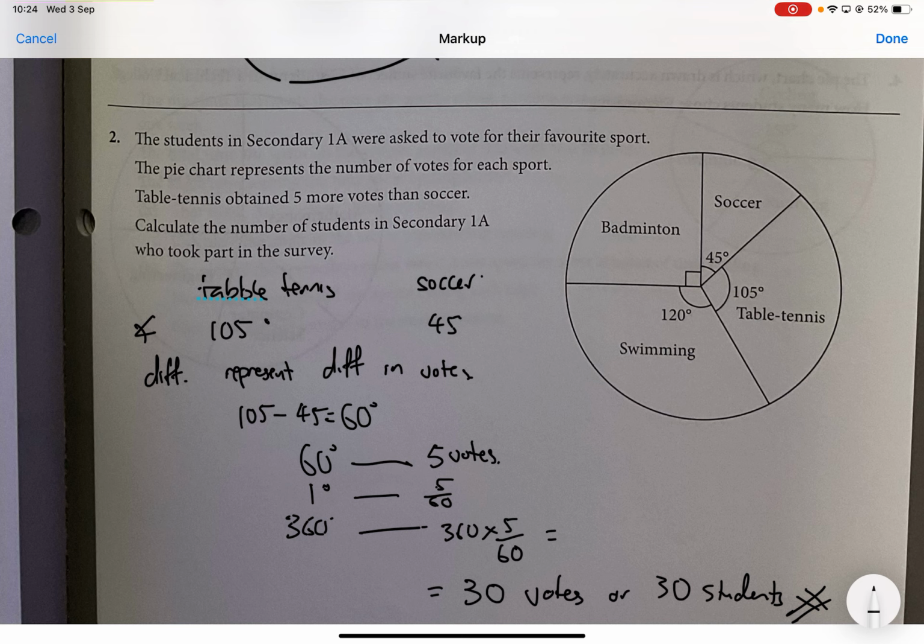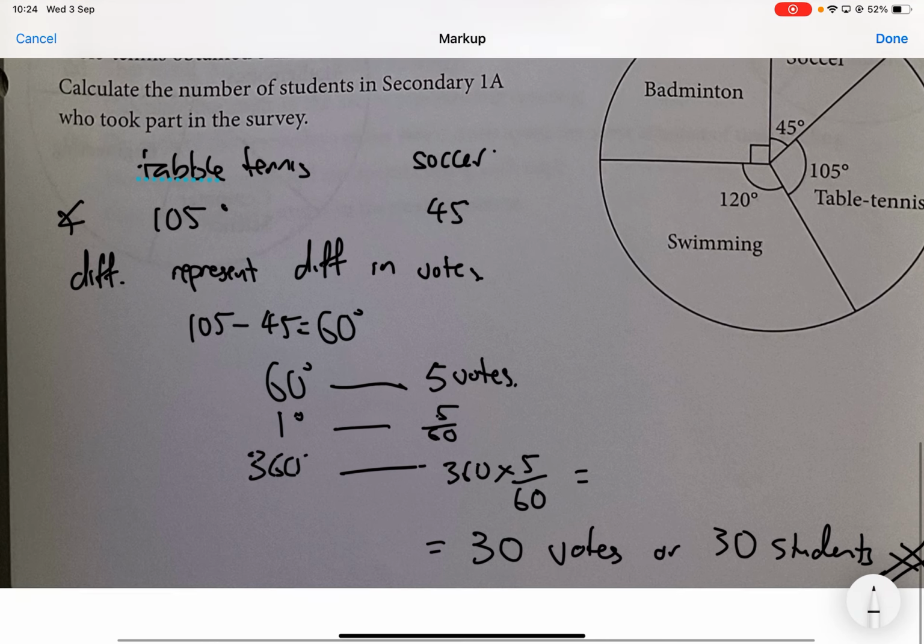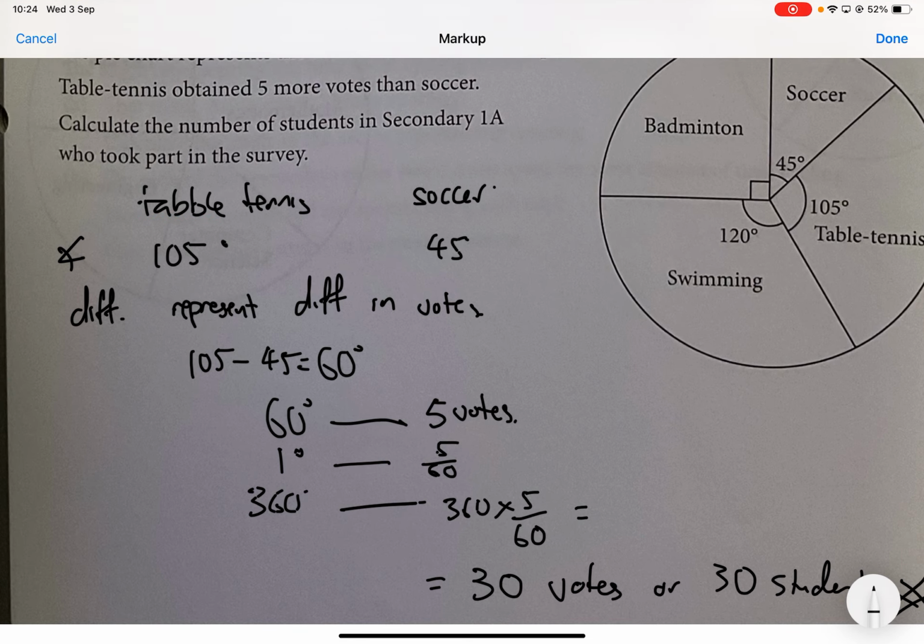Okay, so for pie charts, the understanding or the idea that everything added together is 100% is very important. Okay, can? Again, those who finish, go to the next question first.